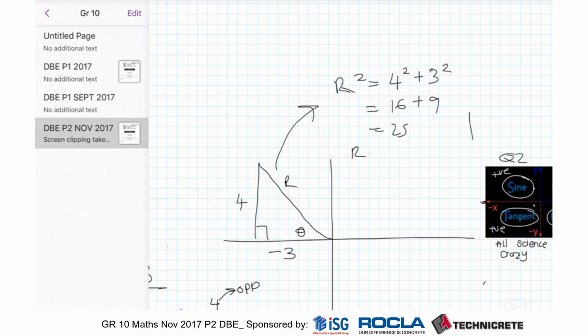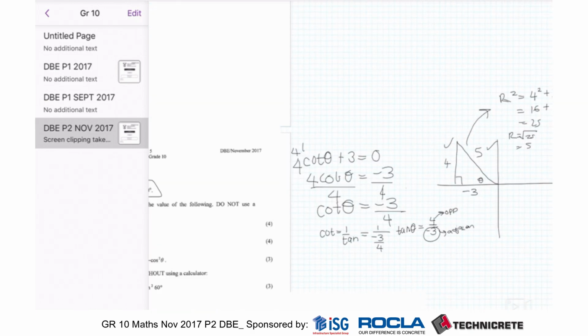So r is the root of 25, which is 5. So my hypotenuse is 5. When you are drawing your diagram, make sure you fill that in because it is awarded a mark. The diagram is awarded a mark and cot is awarded a mark.